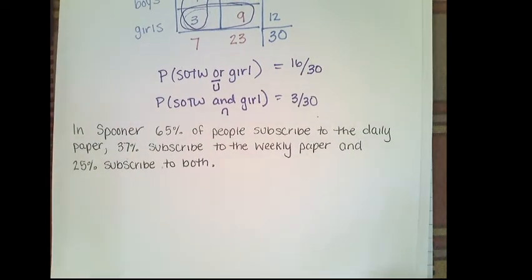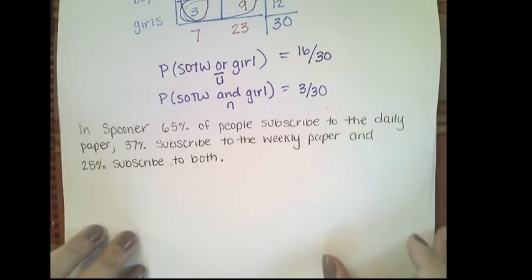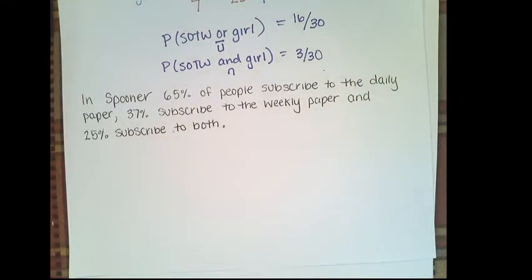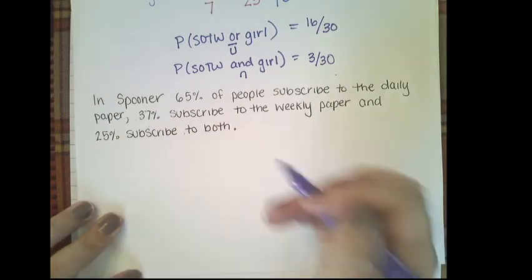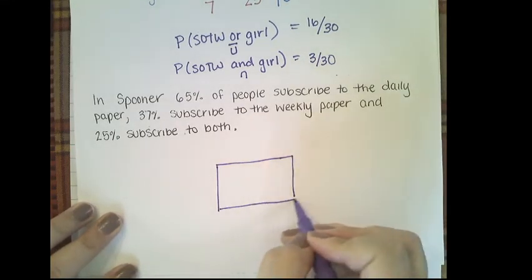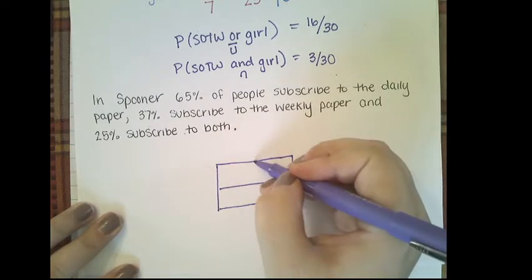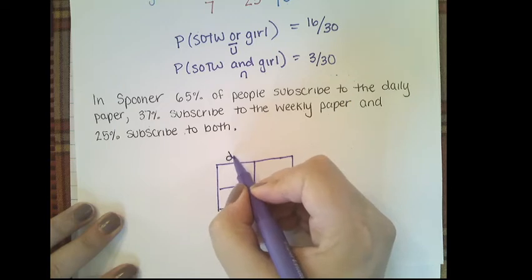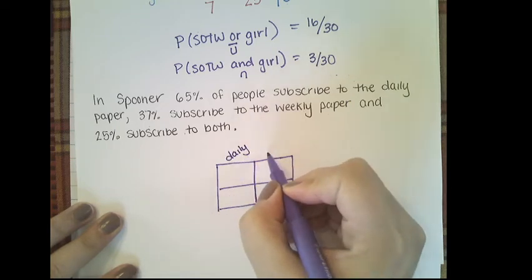So next, let's talk about percentage. So in Spooner, 65% of people subscribe to the daily paper, 37% subscribe to the weekly paper, and 25% subscribe to both. So now if we make our table, either they get a daily paper or they do not.